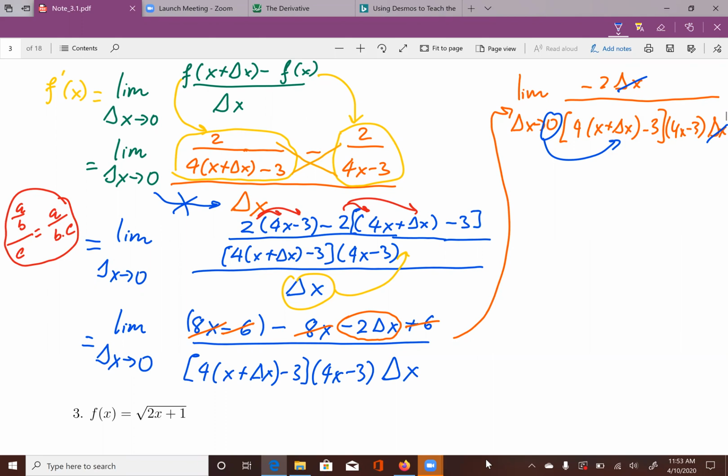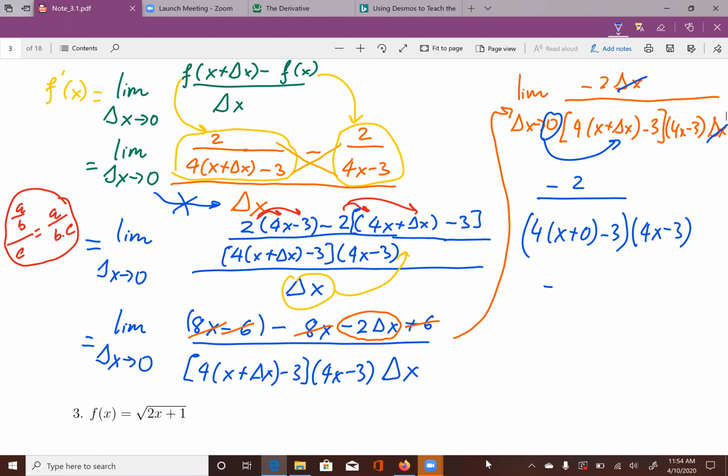So I go ahead and plug 0 in to finish my problem. If I plug the 0 in, I will finish the limit process. So then the answer is negative 2 over 4x plus 0 minus 3 times 4x minus 3. And x plus 0 is just x.